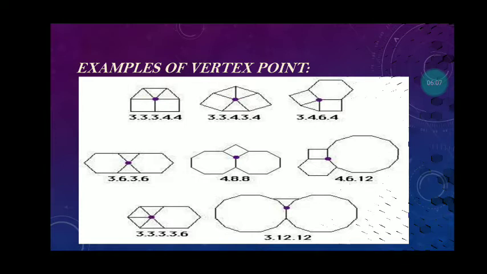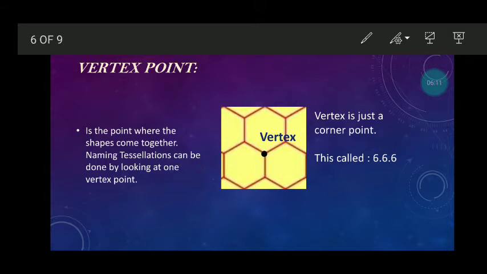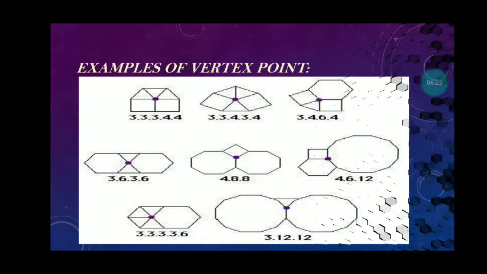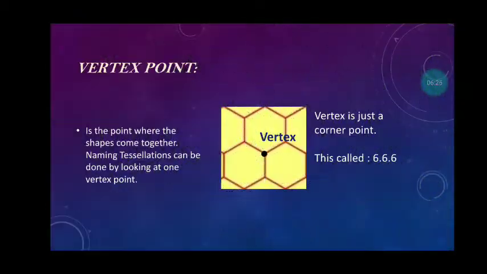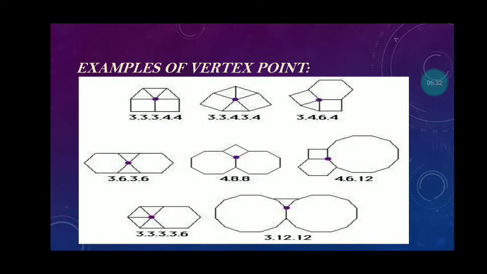As we discussed, it is a vertex. It is 3, then 3, then 3, then 4 and 4, because of the shapes that meet at the vertex.